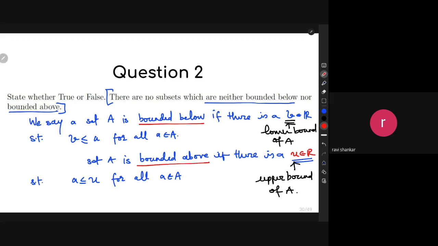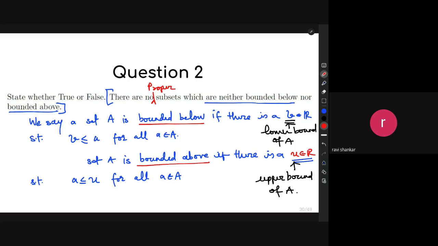But I can modify this question by asking whether there is any proper subset which is neither bounded below nor bounded above. Yes, you are correctly right.